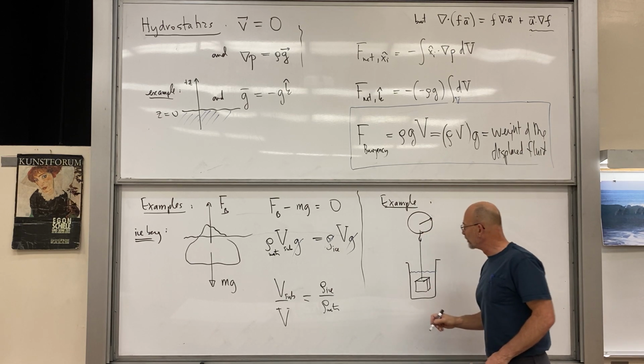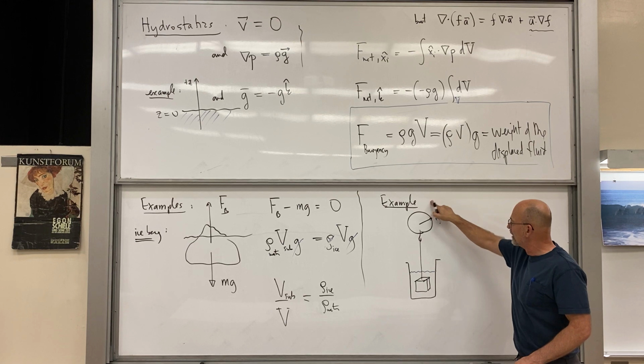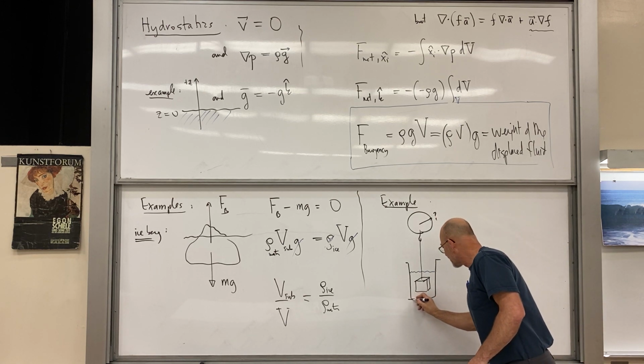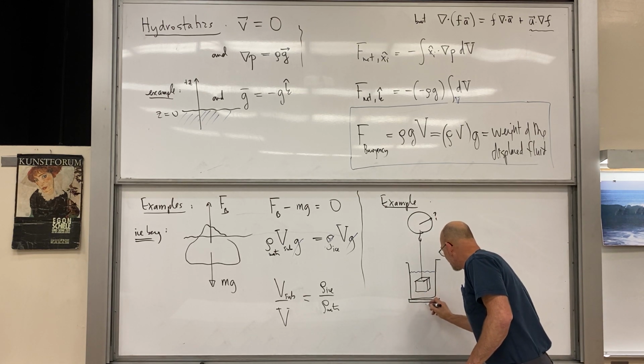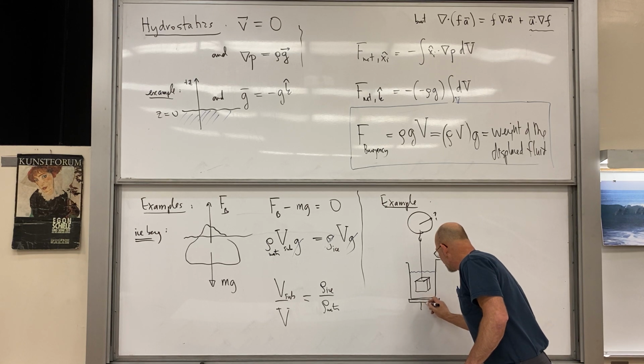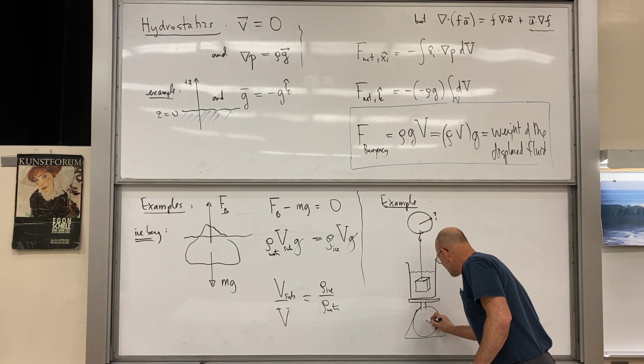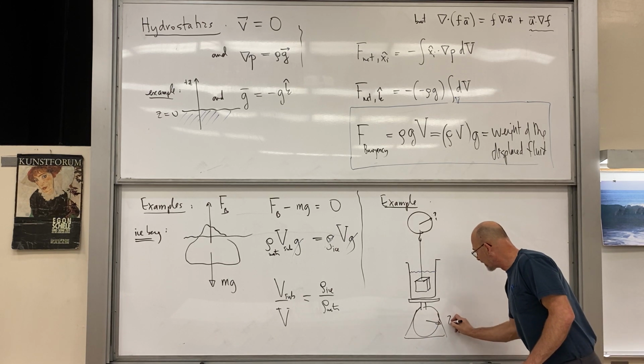The scale's going to have a reading, and we're going to put this thing on another scale. This is some kind of kitchen scale, and this is also going to have a reading.